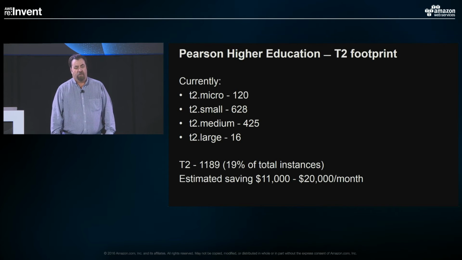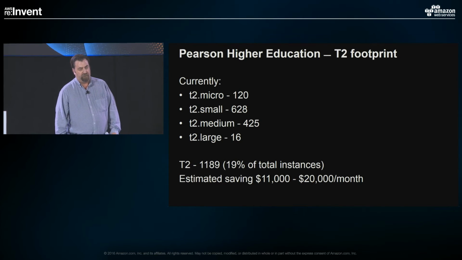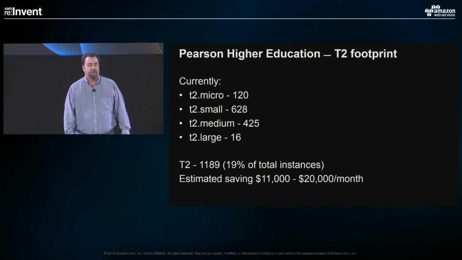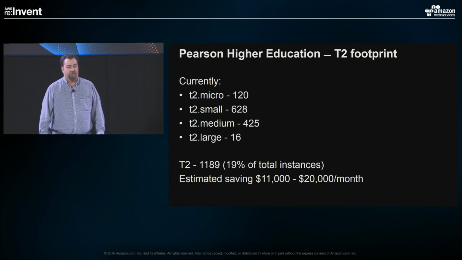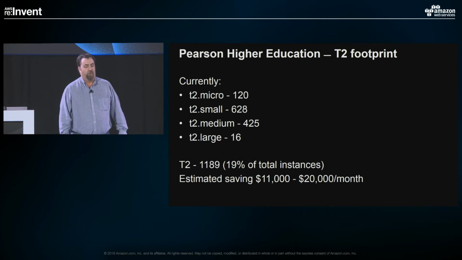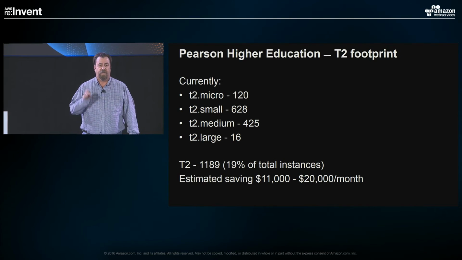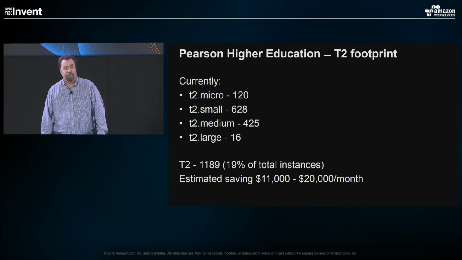So what we looked at here were a lot of the T2 micros, T2 smalls, T2 mediums, T2 larges. We thought, hey, these, as Luke had said, are great fits if you have low CPU utilization, but you also wanted to be able to burst higher than that utilization if need be.